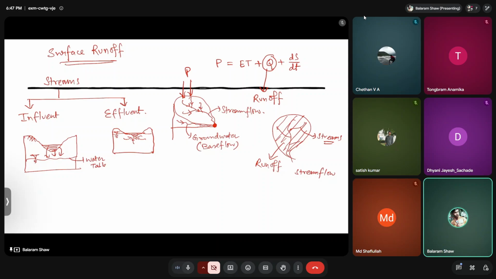Whereas in effluent stream, let's say impervious horizons are there, which is above the water table. Then at the land surface, water will flow through them to reach the stream as interflow. So here this we call as interflow. Is it clear here?